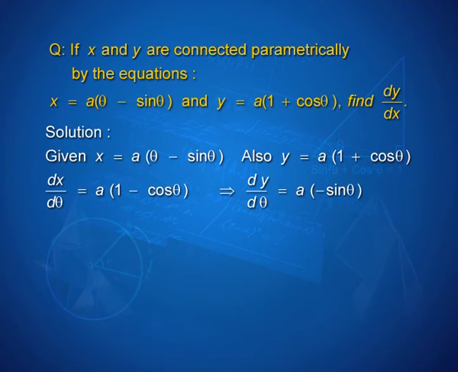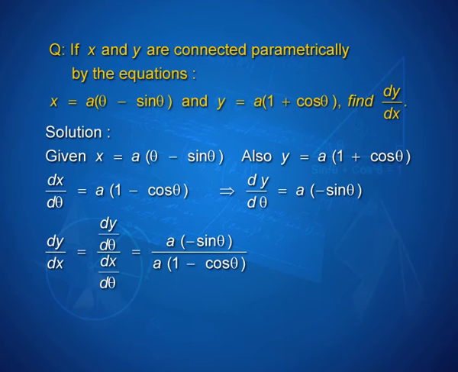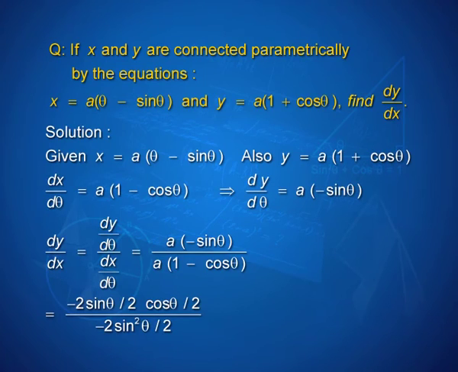dy by dx is nothing but the quotient of these two derivatives in the order: derivative of y with respect to theta divided by derivative of x with respect to theta. One does expect you to simplify this expression a little more. In this case, a gets cancelled. Not only that, trigonometric identities help us to rewrite sin theta as 2 sin theta by 2 cos theta by 2, and 1 minus cos theta as 2 sin square theta by 2.